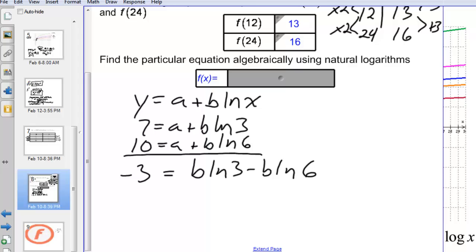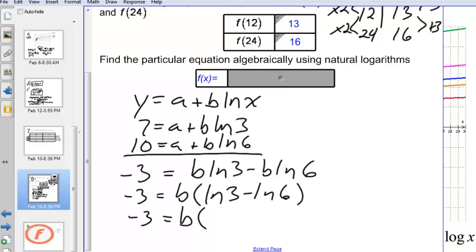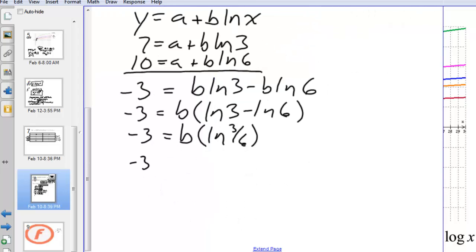All right, here I can factor out a b, so I have negative 3 equals b times the natural log of 3 minus the natural log of 6. I can apply my properties of logs and say that that is b times the natural log of 3 divided by 6. Subtraction results in a quotient. So negative 3 equals b times the natural log of 1/2, which tells me that b is negative 3 over the natural log of 1/2.